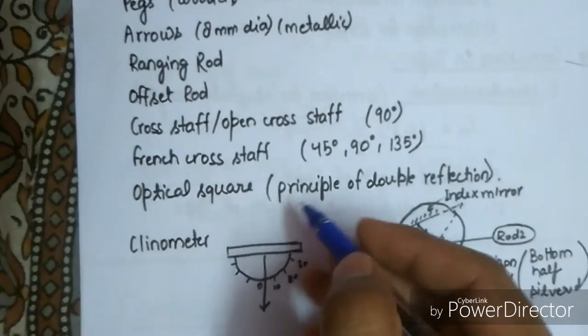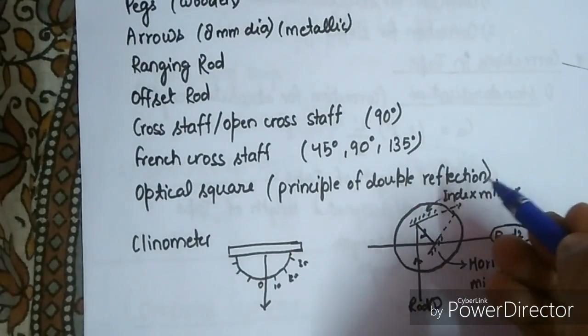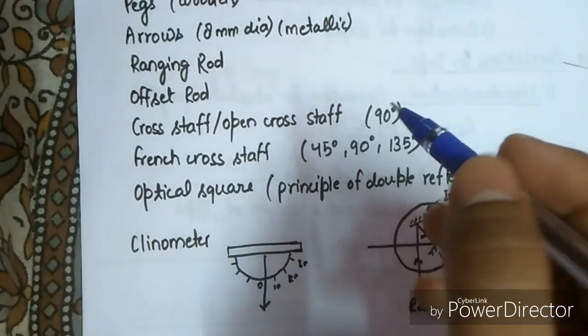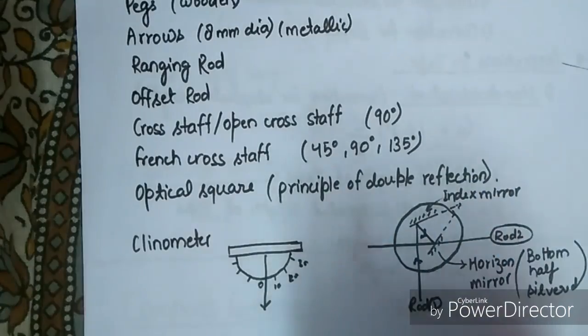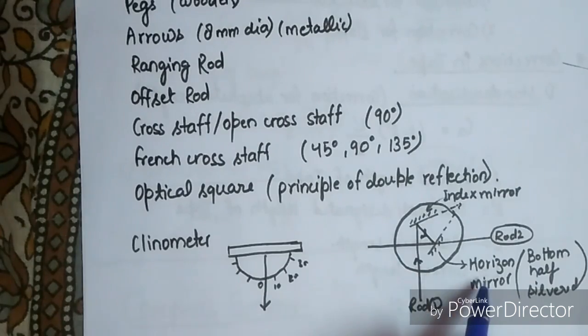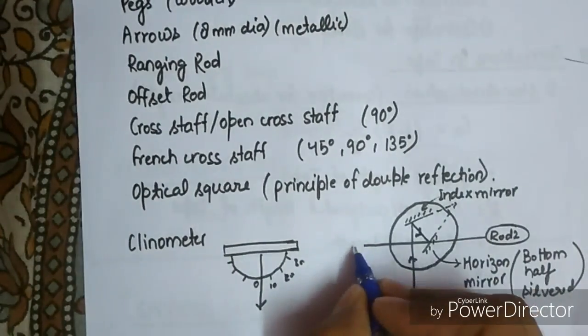Optical square is used on the principle of double reflection. This is used to establish the perpendicular offset. In this we use the index mirror. This is the index mirror, which is fully silvered, and this is the horizon mirror, in which the bottom half is silvered. We have the eye here.